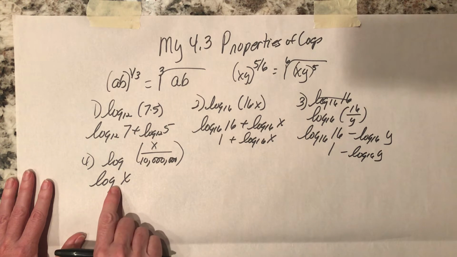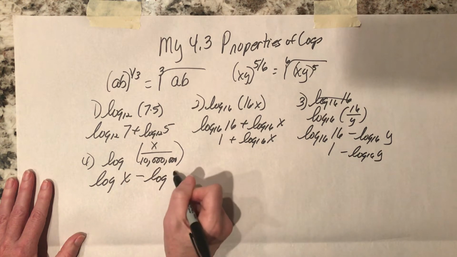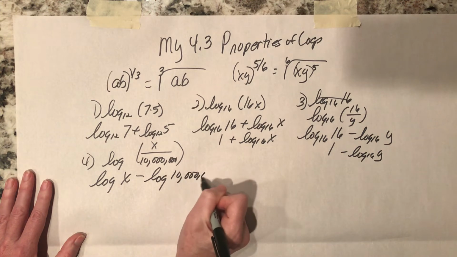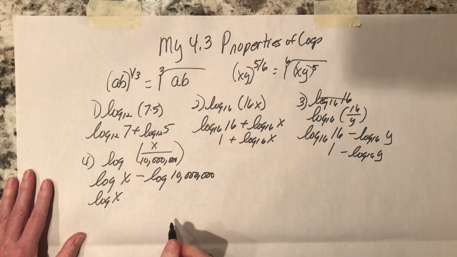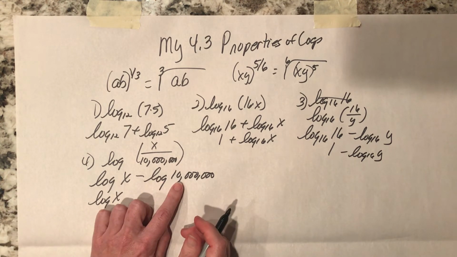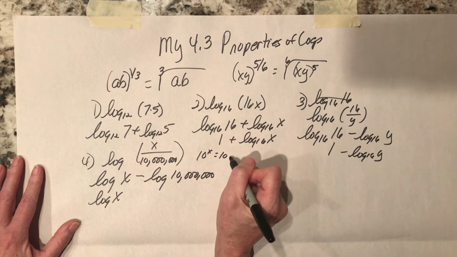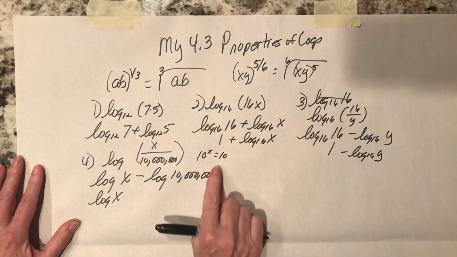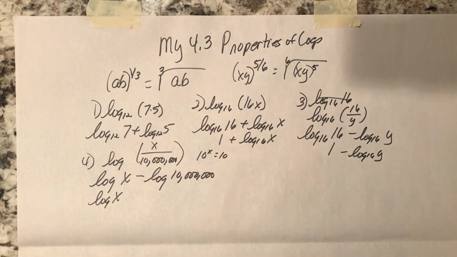We can't make 10 become an x, minus common log of 10 million. Okay, keep this guy the same. What we've got here is, what do you have to raise 10 to make him be 10 million? 10 to the what power will give you 10 million?